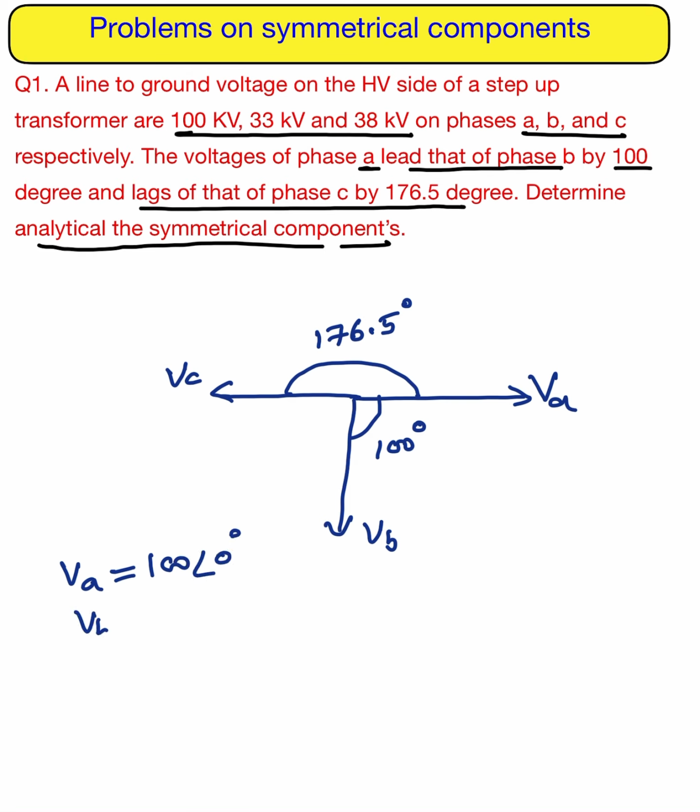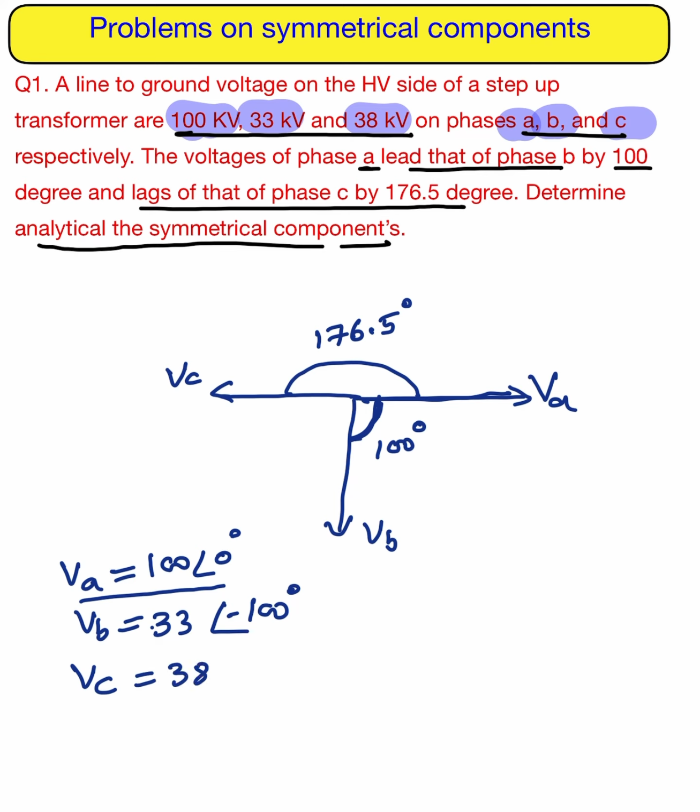The voltage of phase B is 33 kV, phase C is 38 kV and phase A is 100 kV. So VA is 100 angle 0, VB is 33 kV and the angle is negative because it is lagging, so minus 100 degrees, and VC is 38 kV, and the angle is 176.5 degrees.